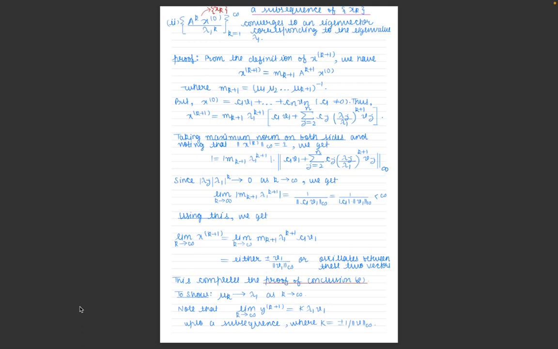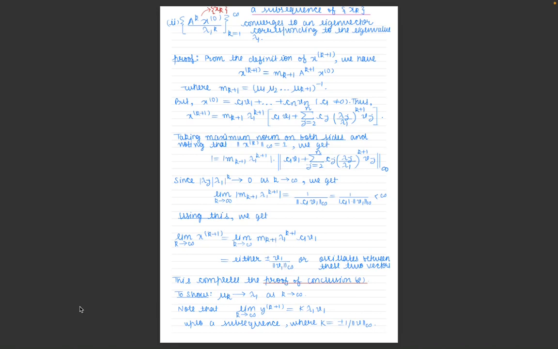Now since v1 is an eigenvector, there is at least one non-zero component. See, all this argument I have explained above very theoretically. Now we are just writing it mathematically.